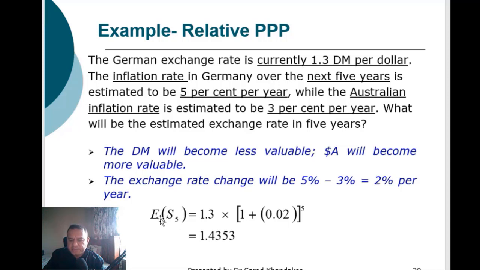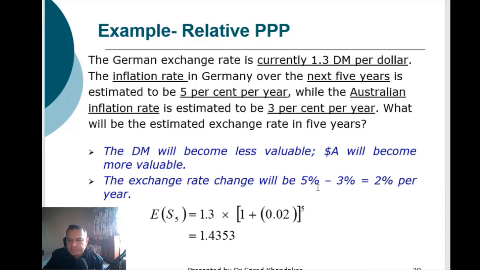The estimated exchange rate is the current spot rate, 1.3, multiplied by (1 + 0.02) to the power 5. Where do we get 0.02?